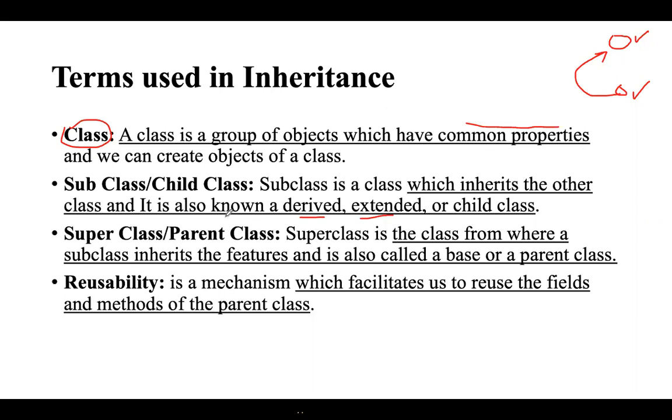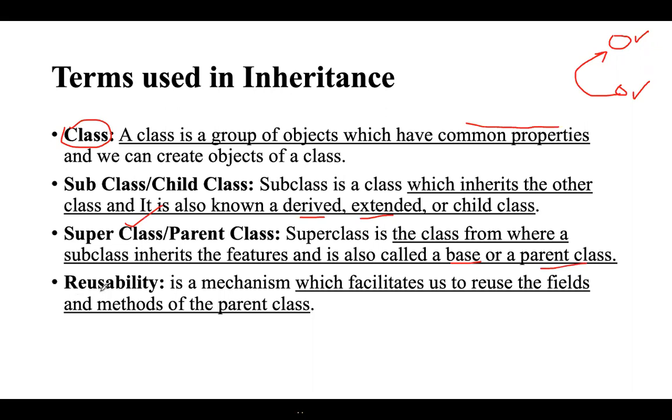And then for the parent class, you have the understanding of the definition from the diagram I explained, but we have other names for the parent class. We can call it superclass, base class, or parent class, all with the same meaning.